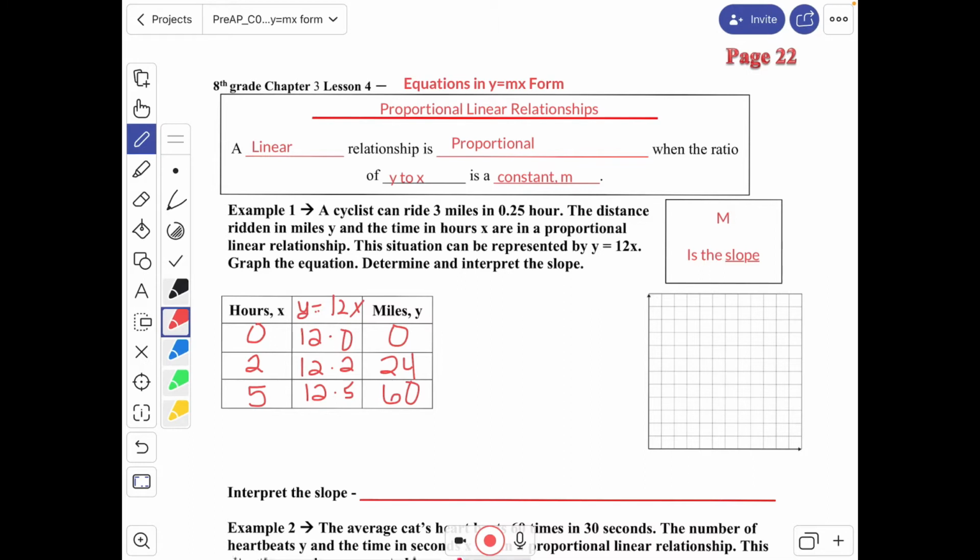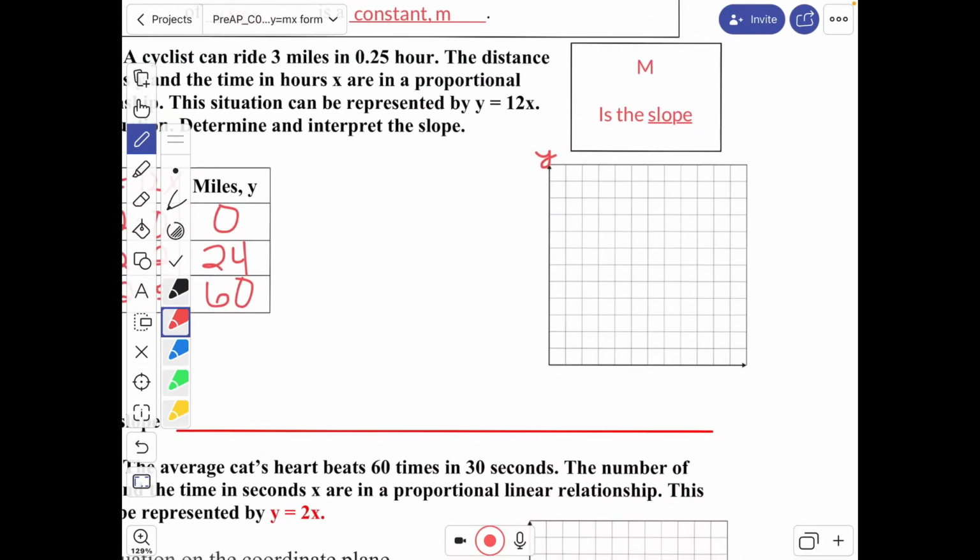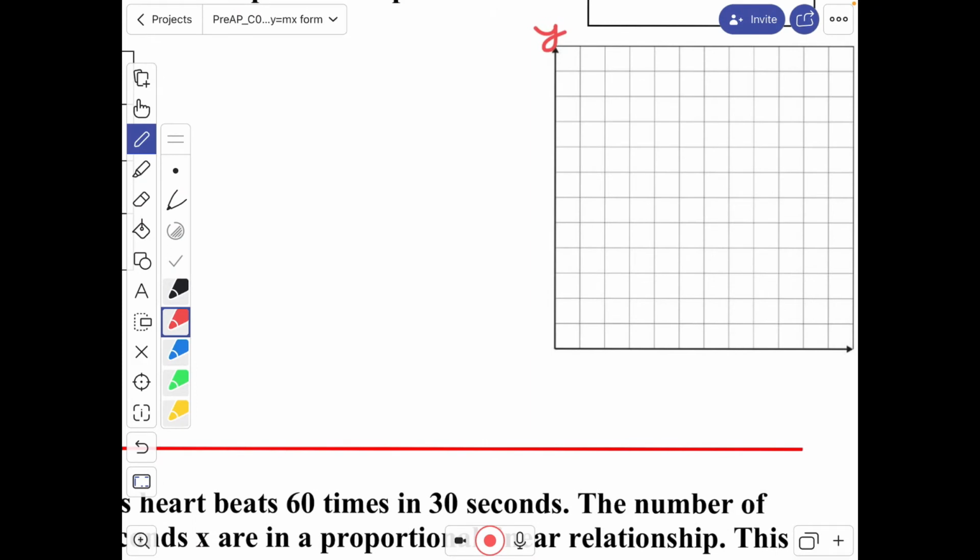And we're going to go ahead and put them in this graph over here. My x's can count by ones, but the y-axis probably needs to count by 12s. So this first line would be 12, and then 24, 36, 48, and 60.